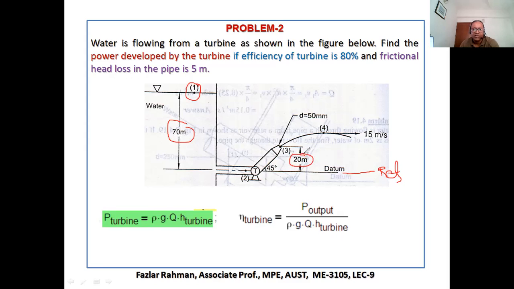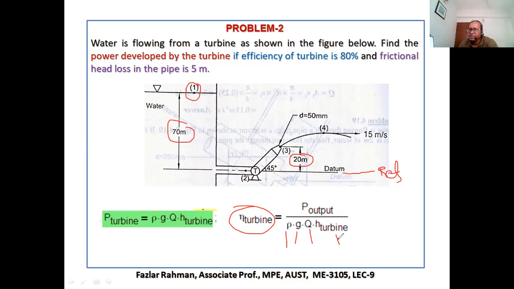Now, what is the turbine efficiency? Turbine efficiency equals P output over rho g Q H turbine. Efficiency is given as 80%. Rho, we are dealing with water, so you know the density, the g value you know, but Q and H turbine you don't know.